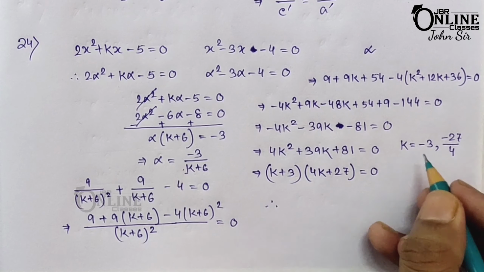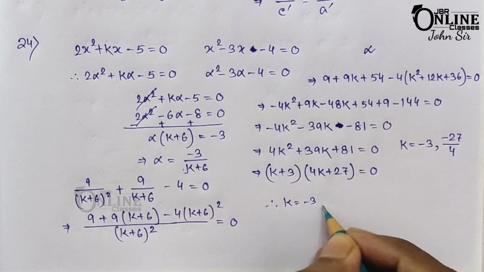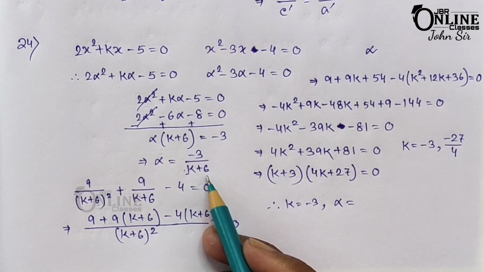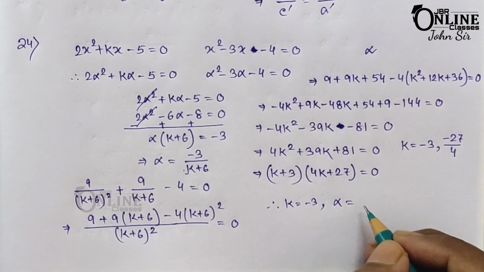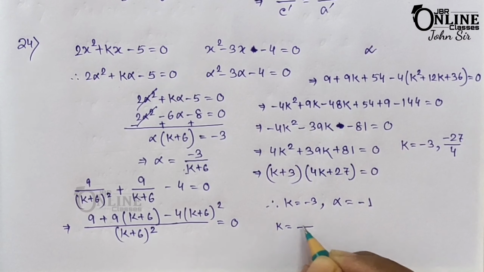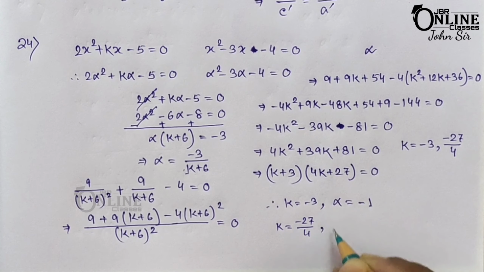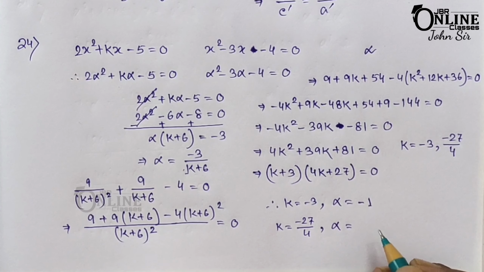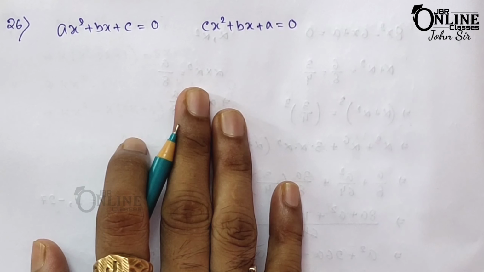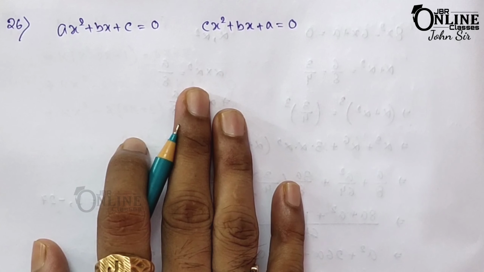So for k equals minus 3, alpha equals minus 3 by (minus 3 plus 6), so it will be minus 1. And if k equals minus 27 by 4, then alpha equals 4. You can do it. Now sum number 5 is the same as sum number 24. So I hope you can solve it.